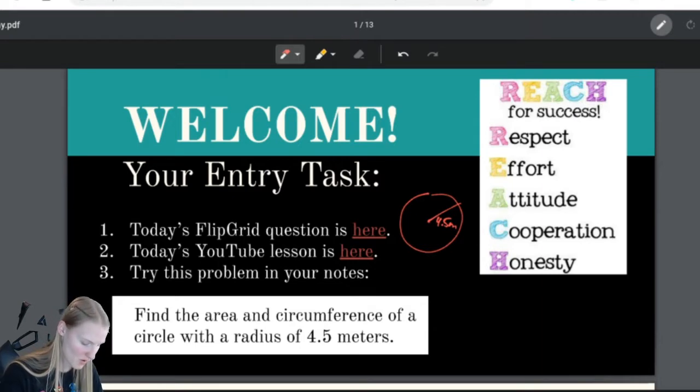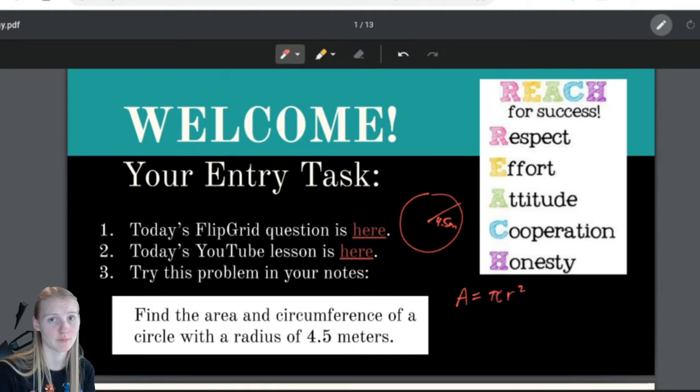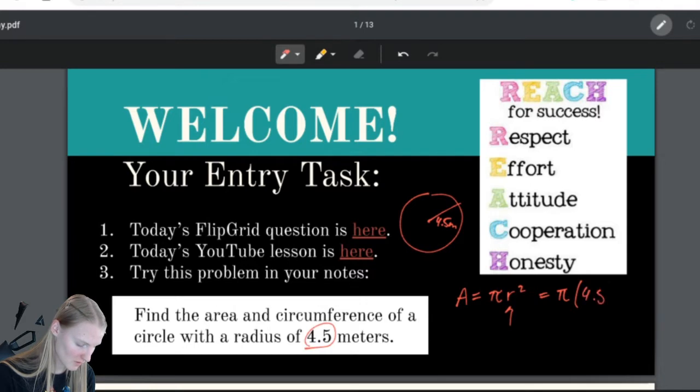Okay, so remember area first. Area is pi r squared, and I remember that because pi r not squared, pi r round. So this is pi times the radius, which we are told is 4.5 meters squared.